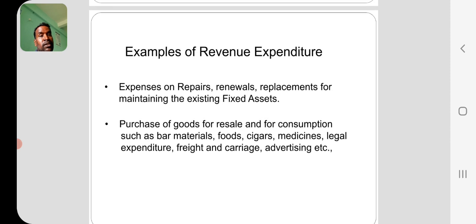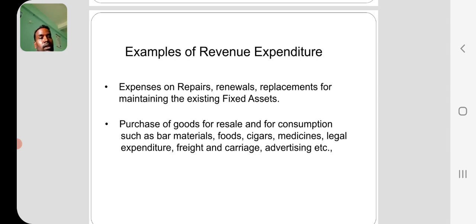Purchasing a fixed asset comes under capital expenditure, means purchasing an item used for more than 10 years, a longer period, comes under capital expenditure. Whereas some modifications or alterations or repairs to be done to fixed assets come under revenue expenditure.